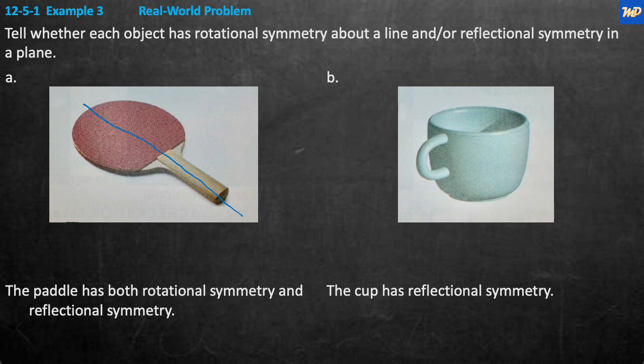Does it have rotational symmetry? That's one that I'm going to have a hard time with. Although the book says it has rotational symmetry, the only way I can see rotational symmetry is if you stand this up on end or you look down into the handle, with the paddle flat as you're looking down.